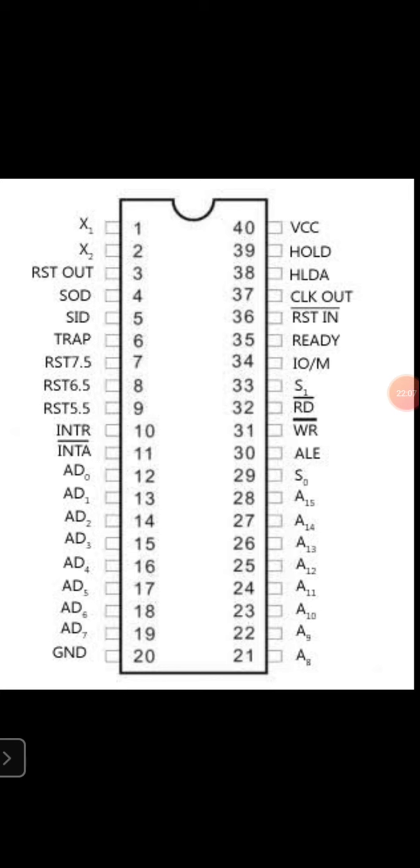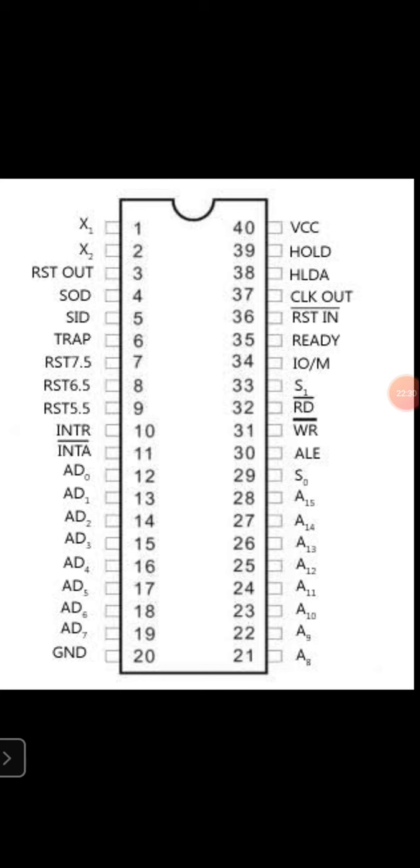Next, IO slash M bar, the 34th pin. Here the microprocessor is observed in terms of processing only. For any task performance, we need some input, and based on the input, after processing we give the output. So this pin is used for either IO purpose or memory purpose.